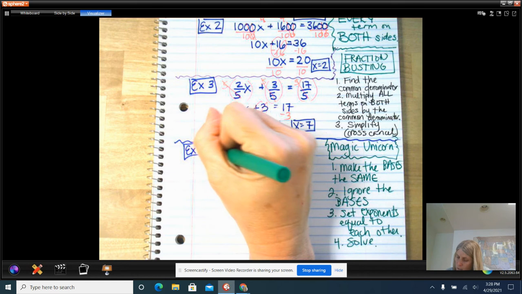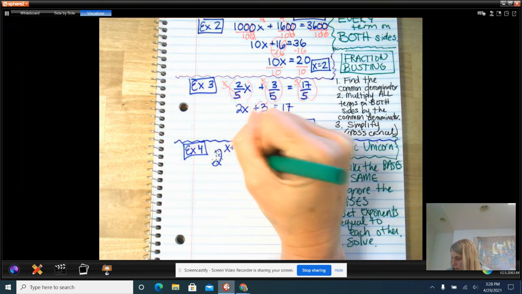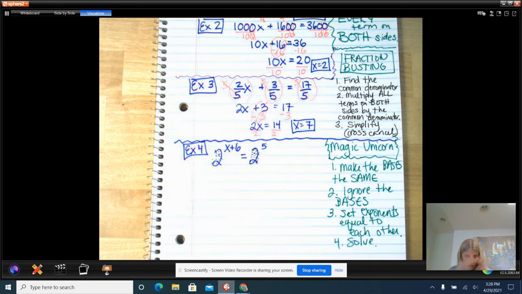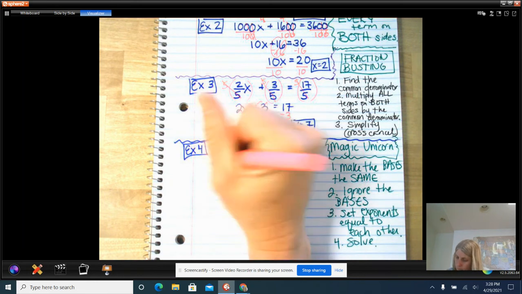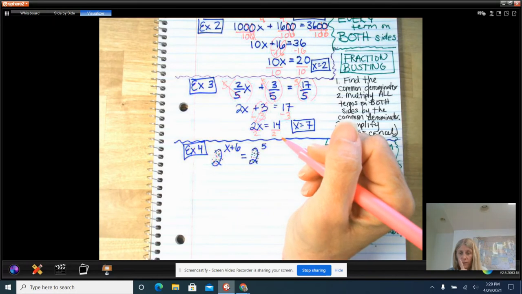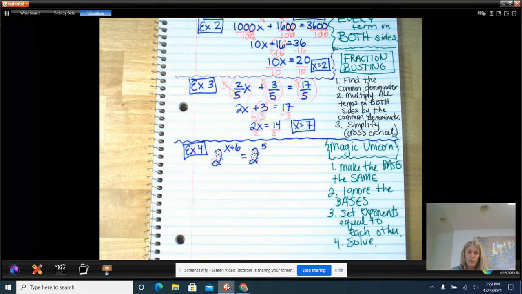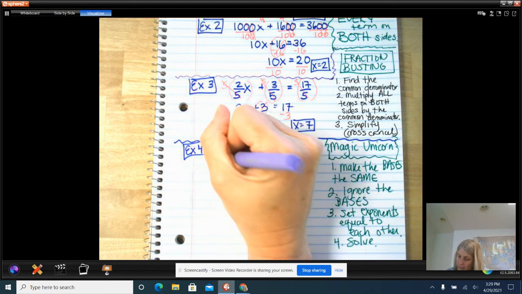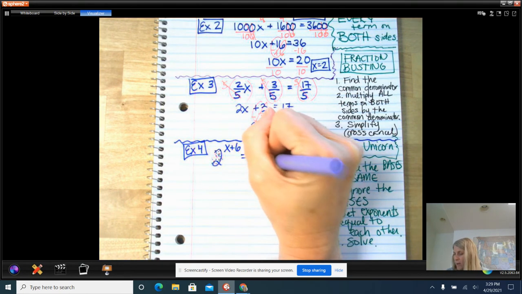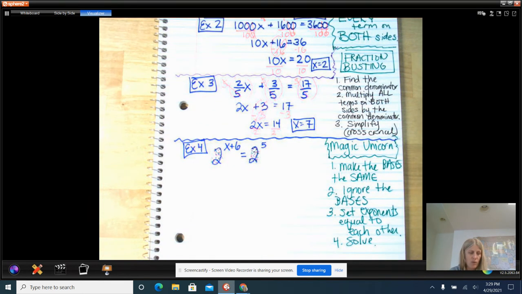And when the magic unicorn gets really happy, it has a magic power and it starts to get glitter everywhere. Glitter goes all over. And the magic unicorn's horn goes through, splits the bases open, and they disappear. So what we have here is disappeared numbers. So we're ignoring them, thanks to the magic unicorn getting very excited that the bases were the same.